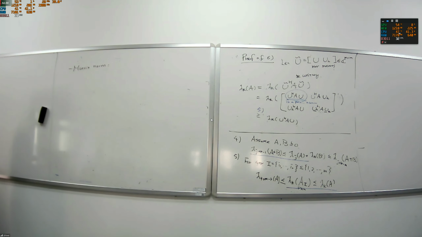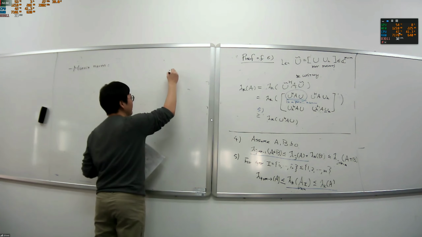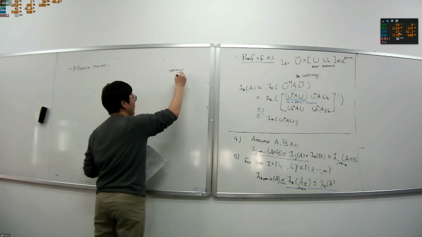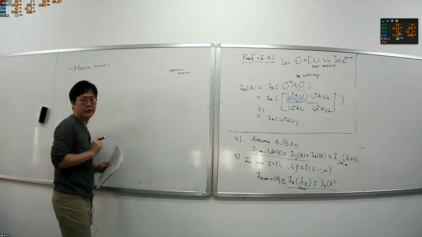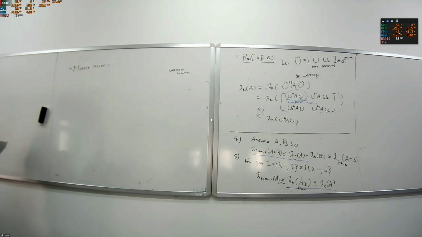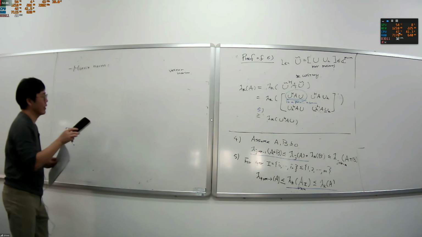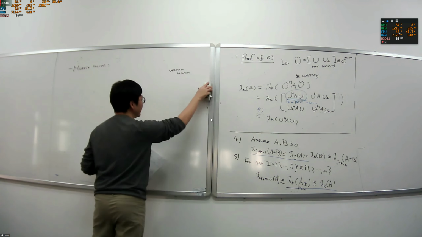Let's review matrix norm. We have known vector norms very well: Euclidean norm, one norm, infinity norm, P norm, Q norm. We have the Cauchy-Schwarz inequality, Holder's inequality, all these for vectors.